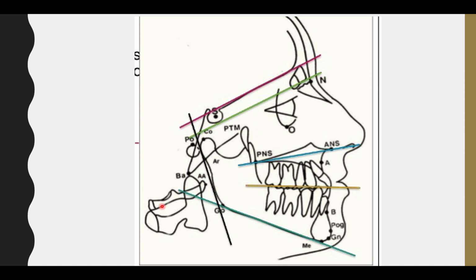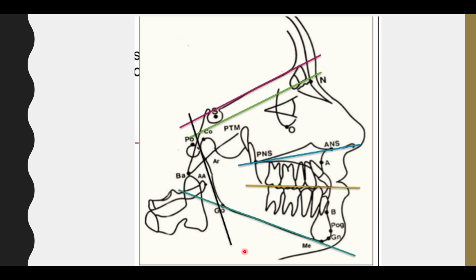What is Sassouni analysis? There are 6 horizontal planes which are drawn. These represent the anterior cranial base, the nasion plane, the palatal plane, occlusal plane, mandibular plane, and the posterior border of the ramal plane.